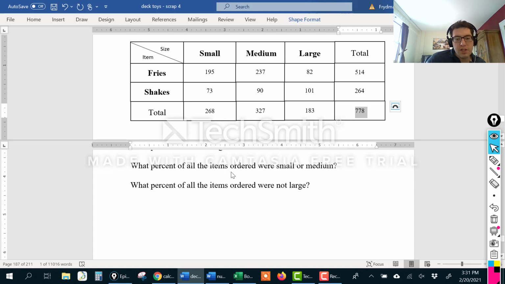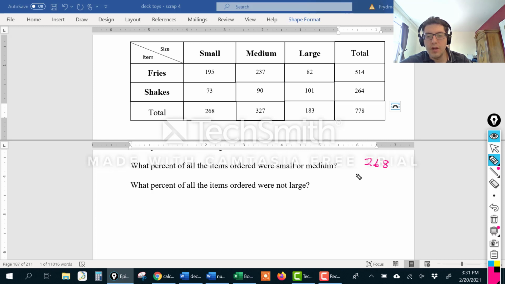So what percent of all the items ordered were small or medium? Well, we need to add up the small and the medium orders. Again, we don't care for this problem if they were fries or shakes. So we're going to look at the total number of small items, which was 268, and the total number of medium items, which was 327.